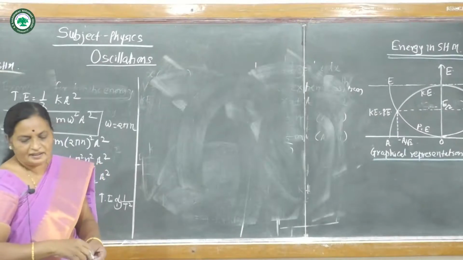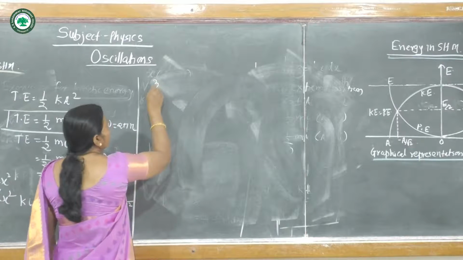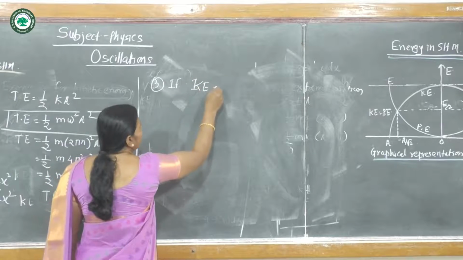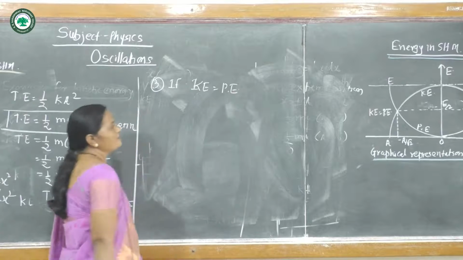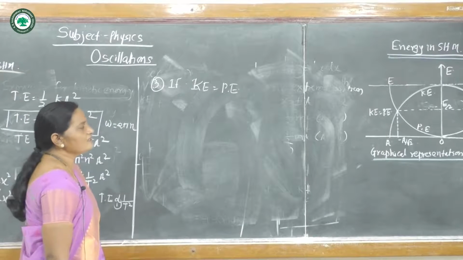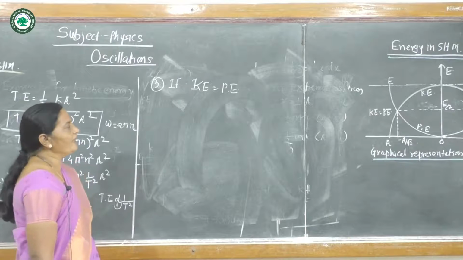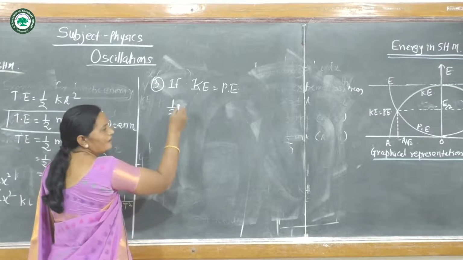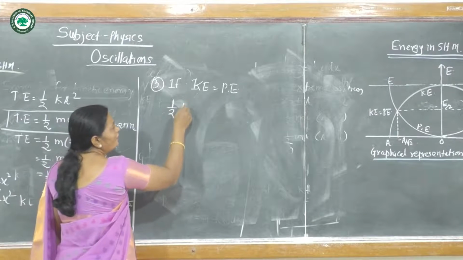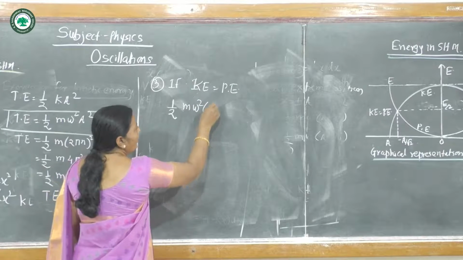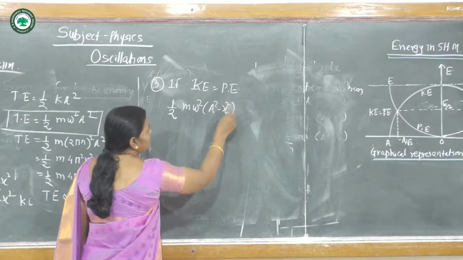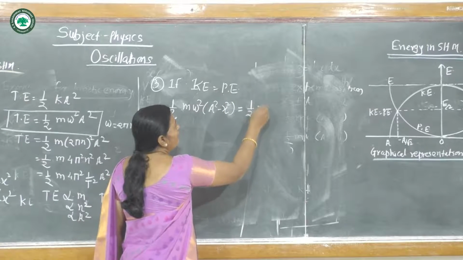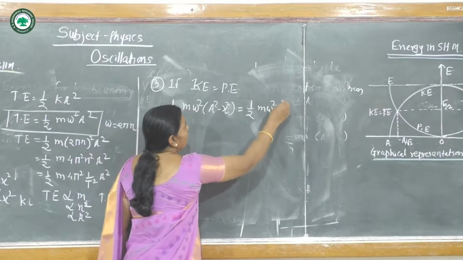Third case: if kinetic energy is equal to potential energy, what is the relation between the displacement and amplitude? We know kinetic energy is 1/2 m omega square (a square minus x square), equal to potential energy, which is 1/2 m omega square x square.